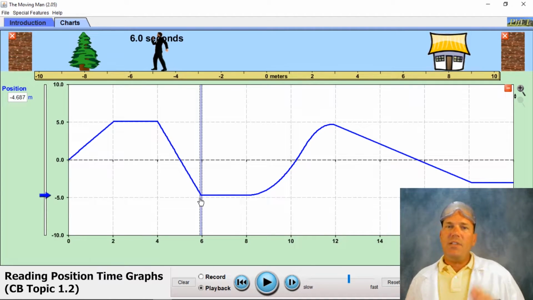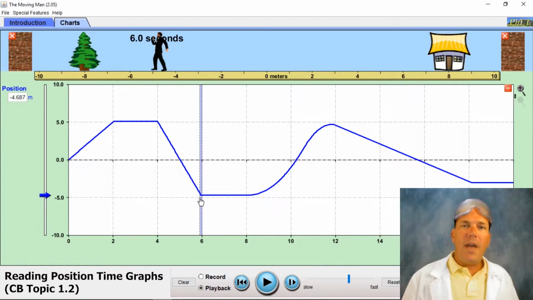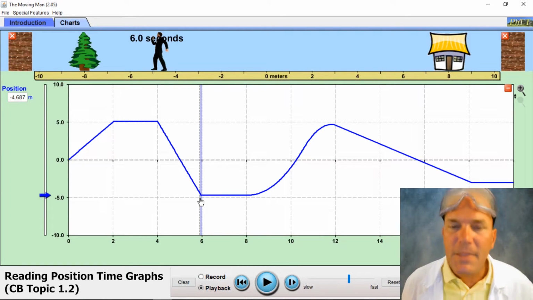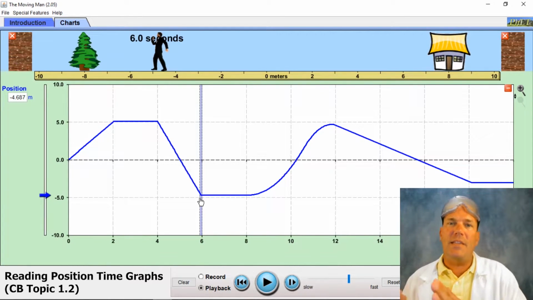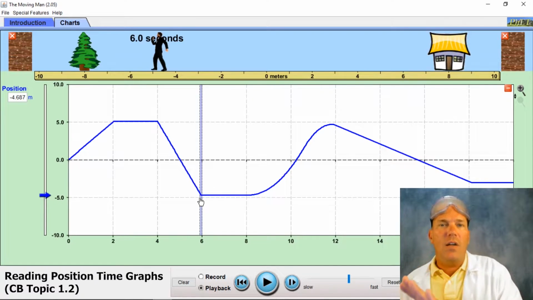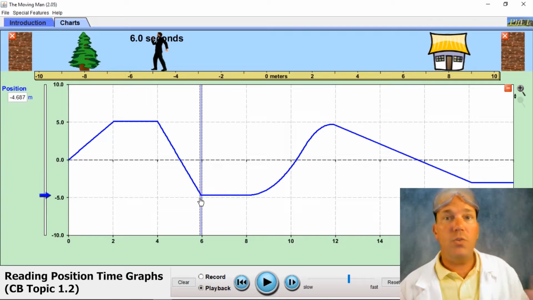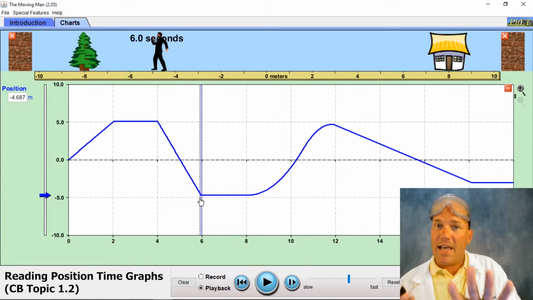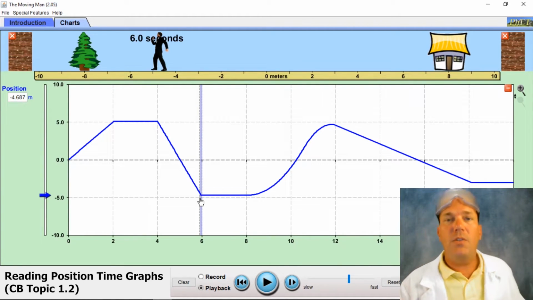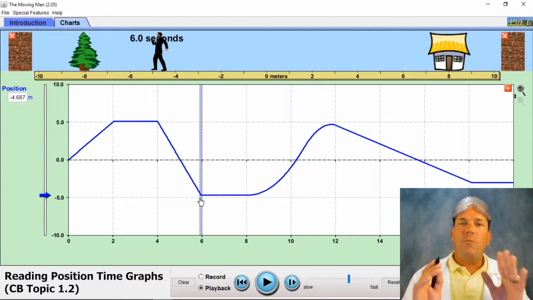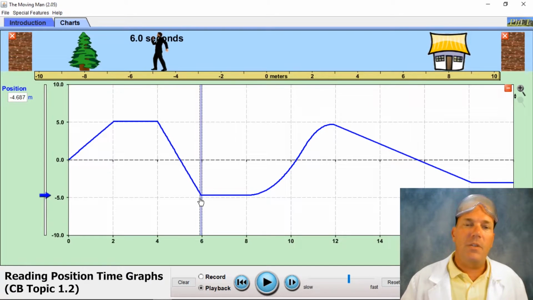So on a position as a function of time graph, anytime this motion is graphed beneath the x-axis, that means that the object has gone to the left or in the negative direction. This could be to the west. Remember the unit on vectors videos. This could be to the west. But that's a good reference point when analyzing these graphs, which I'll teach you about in the next video.